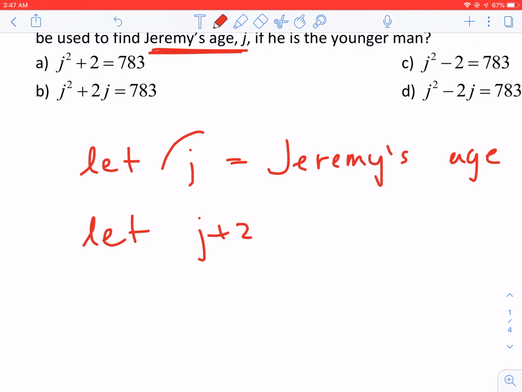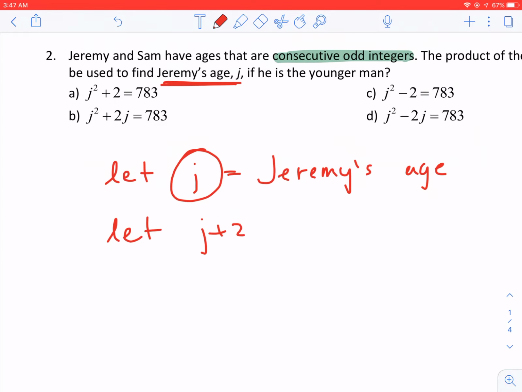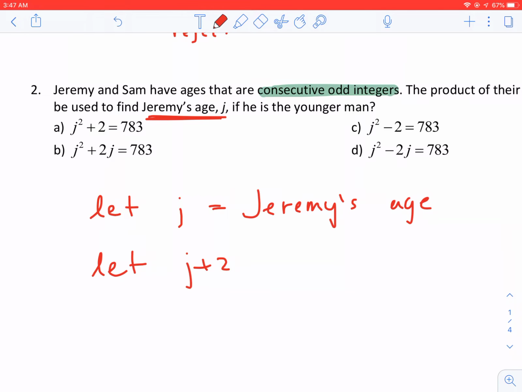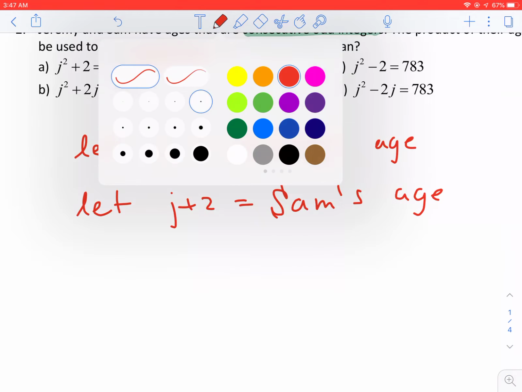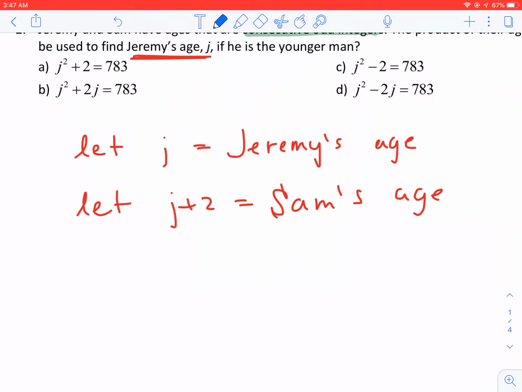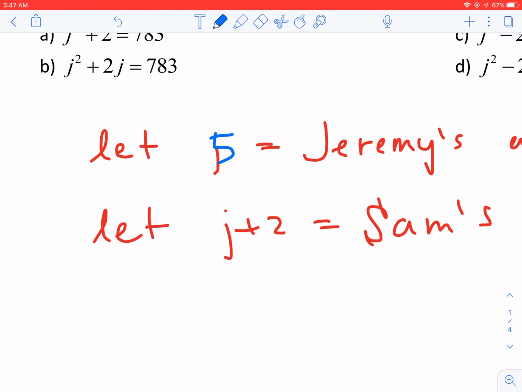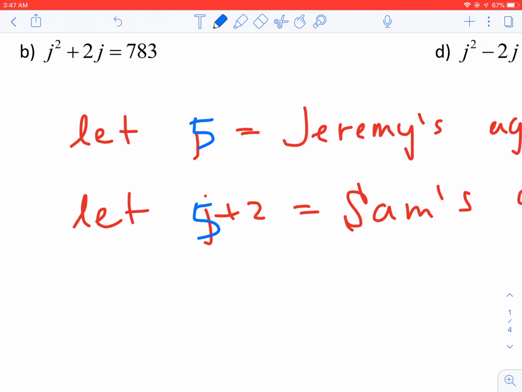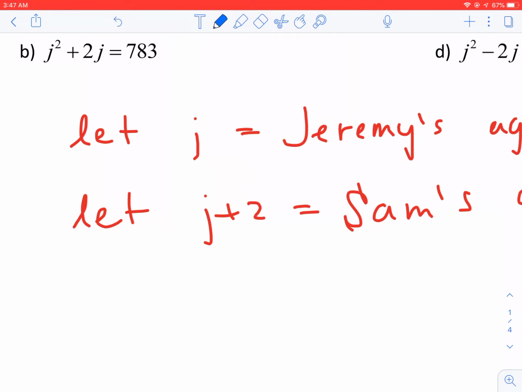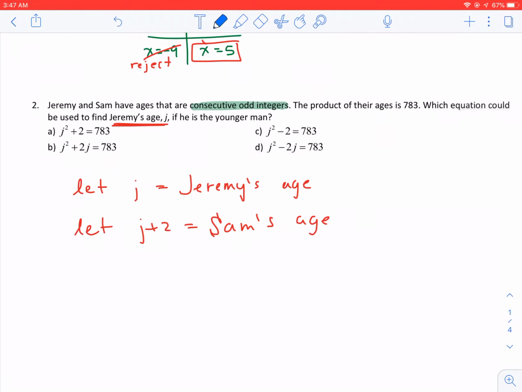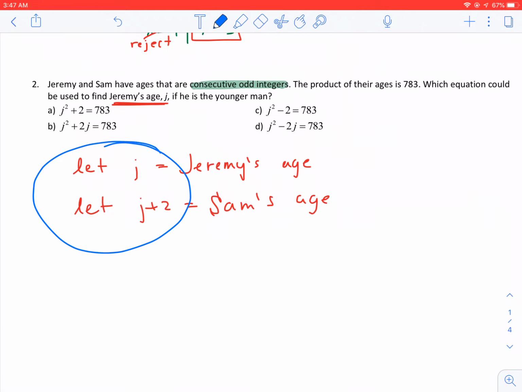However old Jeremy is, Sam is going to be 2 years older, because odd integers increase by 2 each time. So J plus 2 is going to be Sam's age. Just for example, because we haven't done consecutive numbers in a while, if Jeremy were 5, Sam would be 5 plus 2 or 7. If Jeremy were 9, Sam would be 9 plus 2 or 11. So that's how we're going to set up their two ages.